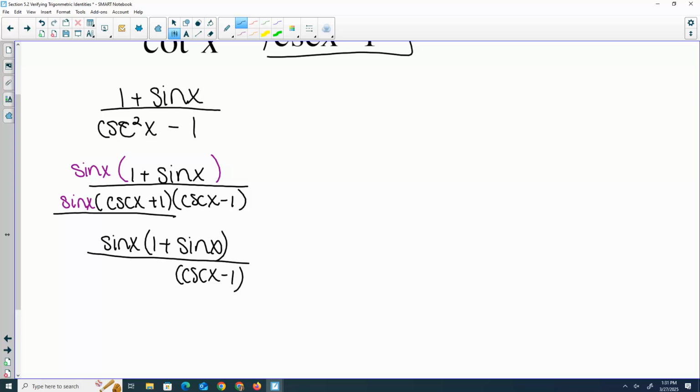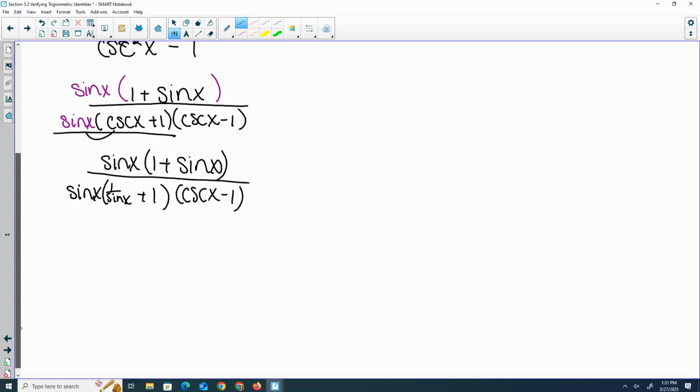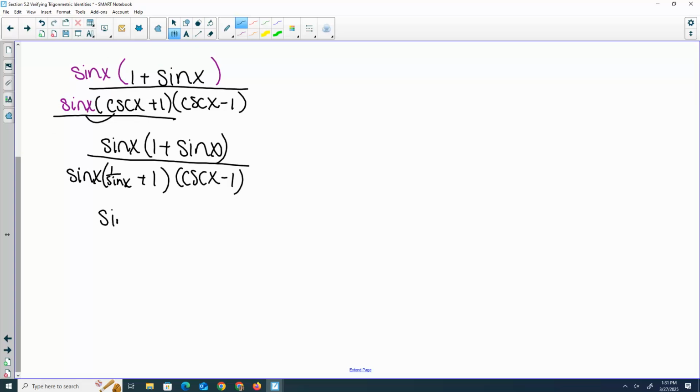what happens if you take sine times cosecant? If you don't see that, take a second. Cosecant is 1 over sine. So now if I distribute it through that parenthesis, sine x times 1 over sine x is 1. 1 times sine x is plus sine x.